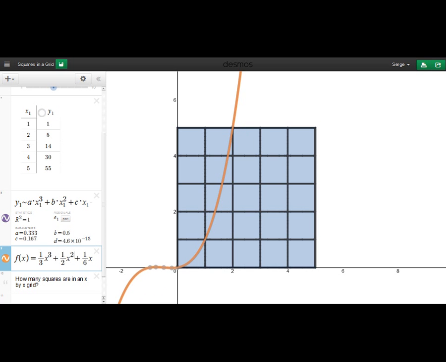And this 4.6 times 10 to the negative 15th is d. And that's within rounding distance of 0. So we're going to assume that that point was not included.